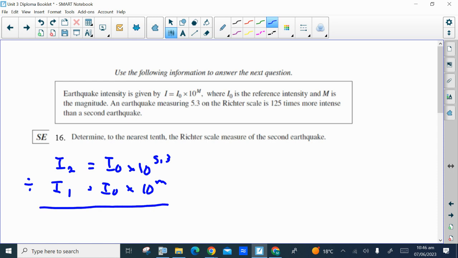If you divide these two, the one earthquake is 125 more intense than the other, so that would be the quotient when you divide I sub 2 and I sub 1. When you divide the I sub zeros, they will cancel. And when you divide the powers with bases of 10, you would subtract the exponents and keep the base the same.